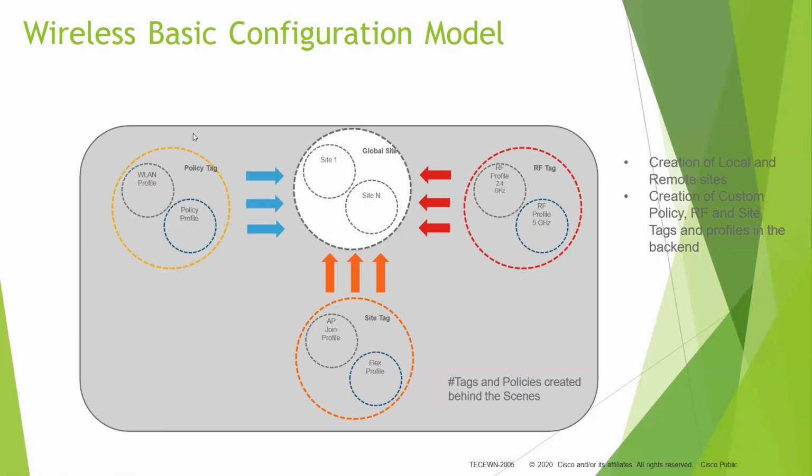For your convenience, I will just take this snapshot and put it in the group. So that's about the profiles and the tags. When I create it on the WLC, you will be more confident.